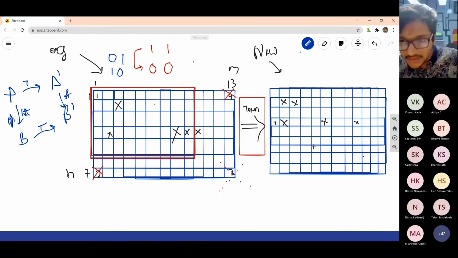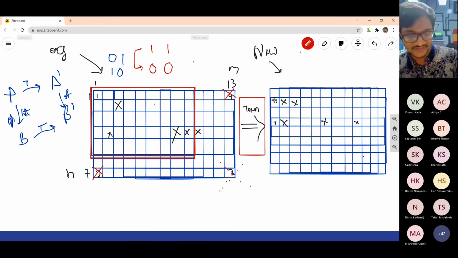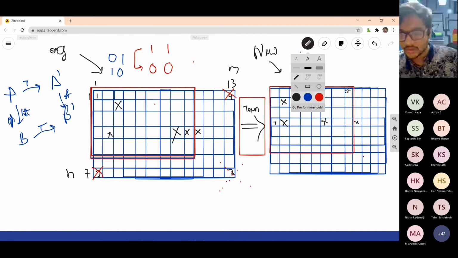So suppose in the new grid, I represent it like this. So now in this grid, only these cells will change.